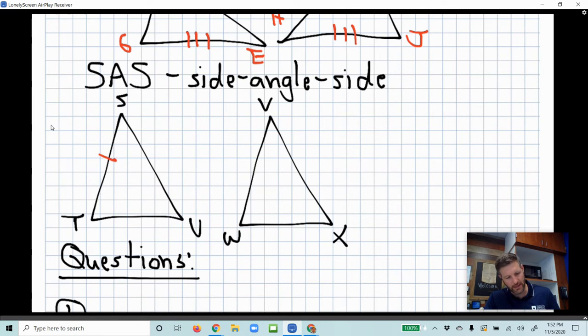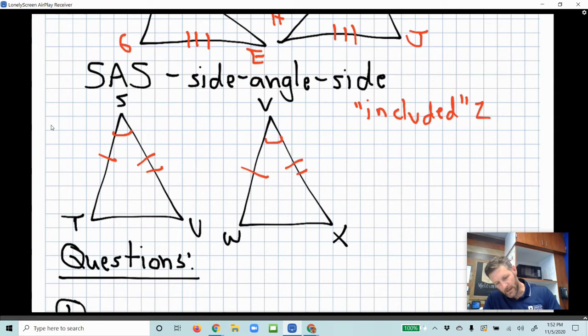If I know that this side is congruent to that side, I know this side is congruent to that side, and I know that the included angles are congruent. Now, an included angle simply means the angle between the 2 sides. So I'm going to note that the included angle is between the 2 known sides.